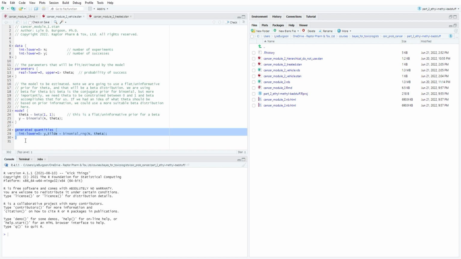The posterior predictive distribution is the distribution when we feed in our best estimates of theta given the uncertainty. If you remember, when we run Stan, we get this distribution for theta. It's going to run this binomial random number generator. That's what the RNG means.